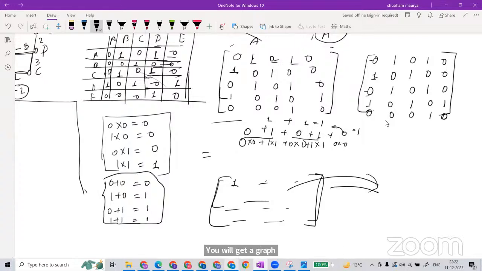Whatever graph you get, you are connecting the vertices whose path length is 2.